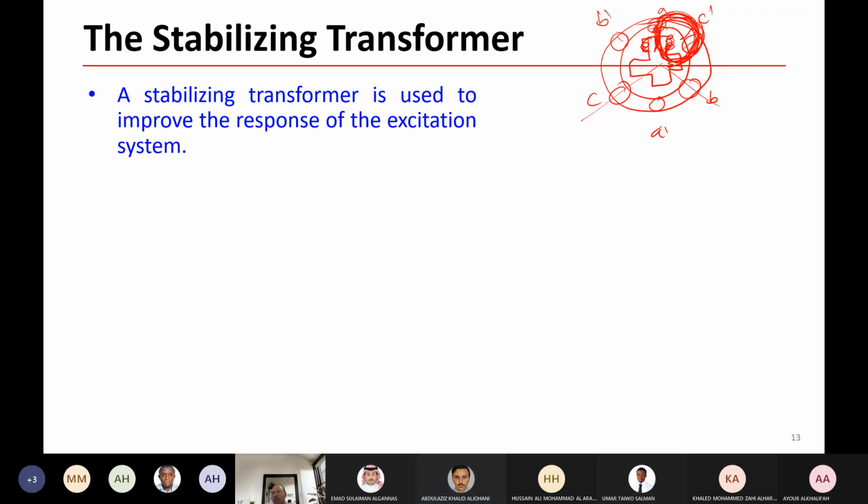Saturation comes in this magnetic path. Then you know we have iron, and if we have iron, then you have the BH curve, which is the well-known curve for the saturation of the iron. This is H, or IF, the field winding current, and this is proportional to the induced voltage.